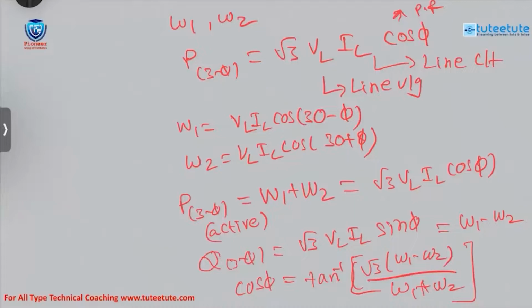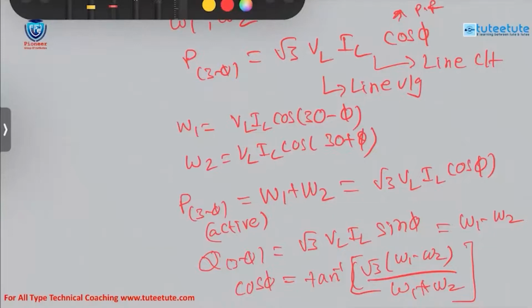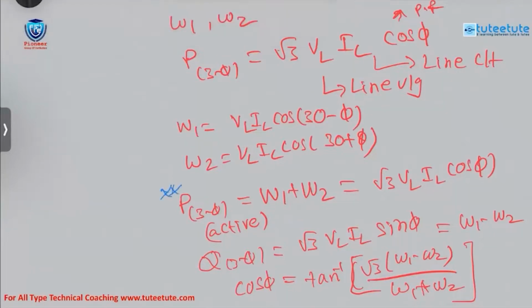These formulas are very, very important, sir. You may get simple problems from this concept. Active power, reactive power, and power factor, these three can be measured by using 2 wattmeters in an unbalanced system. Is it clear, sir?